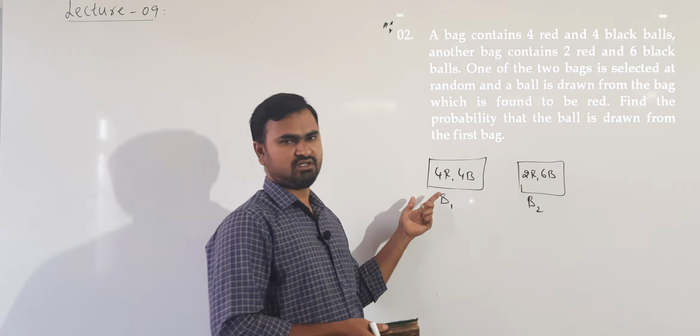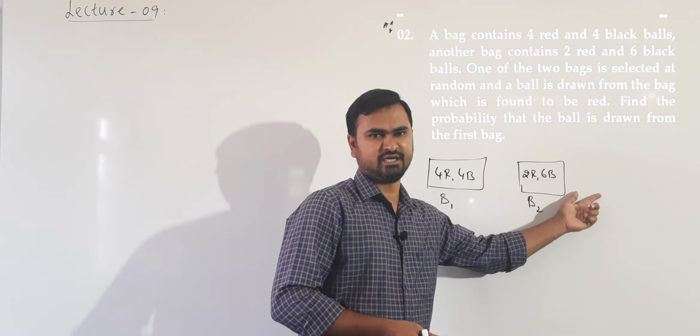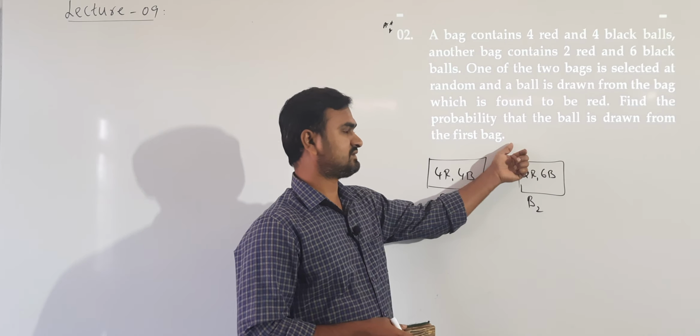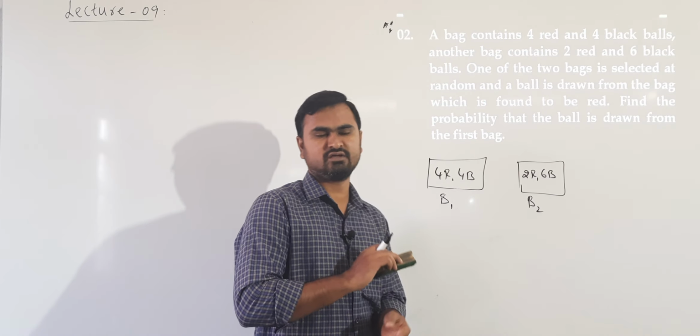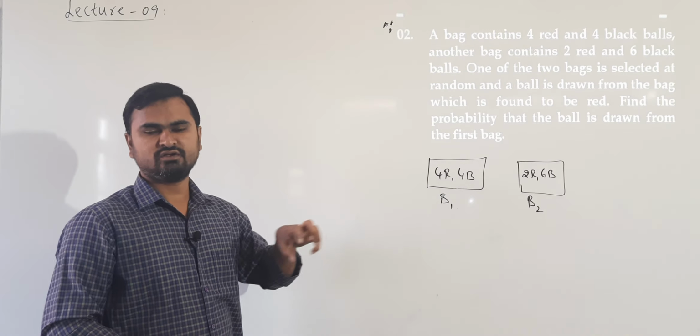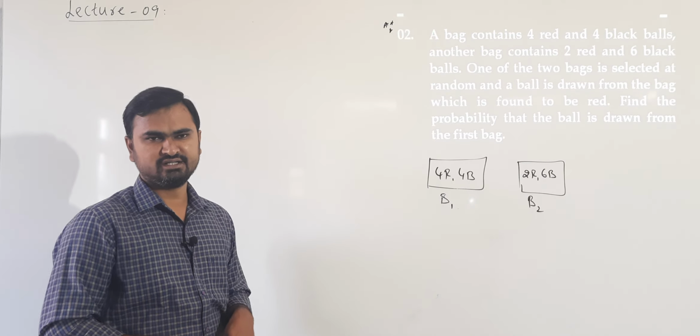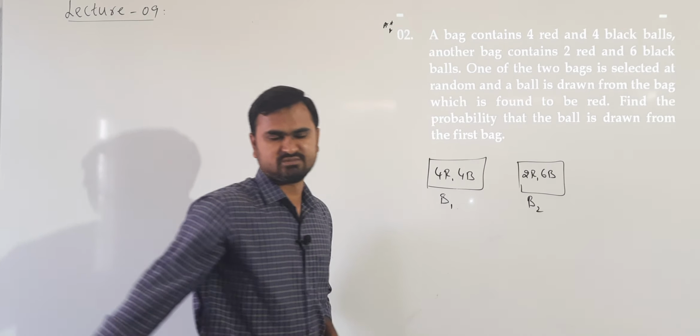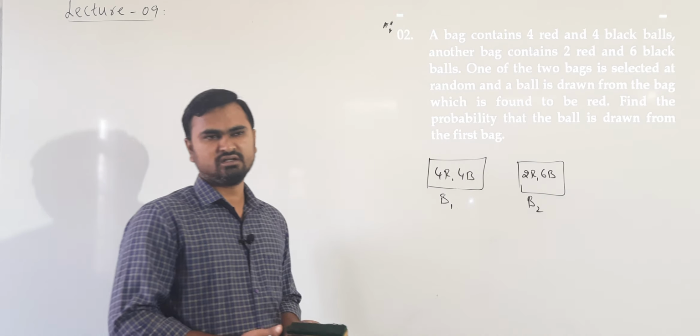It may be from the first one or from the second one. We are interested in the probability that the ball is from the first bag. So we are finding the reverse probability. Already we know the color of the ball, and now we want to find whether it is coming from the first bag. It is nothing but applying the Bayes theorem.